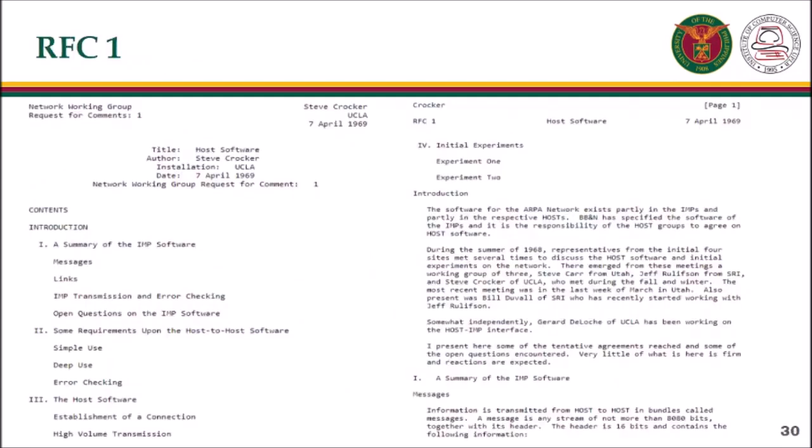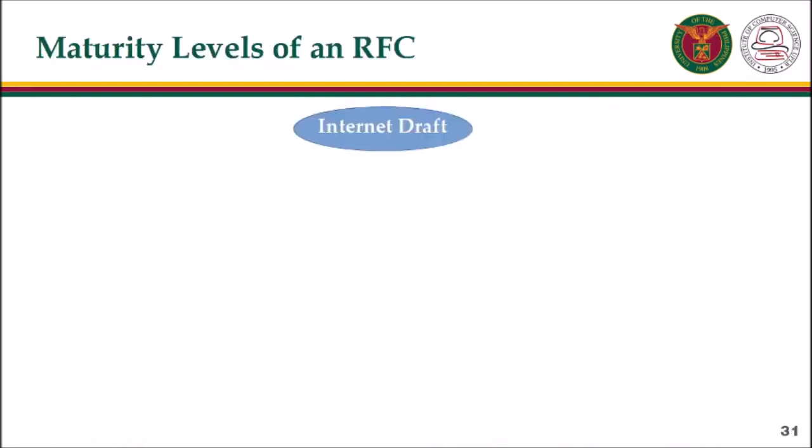Here's an example. An RFC, during its lifetime, falls into one of 6 maturity levels. Proposed standard is a specification that is stable, well understood, and of sufficient interest to the Internet community.